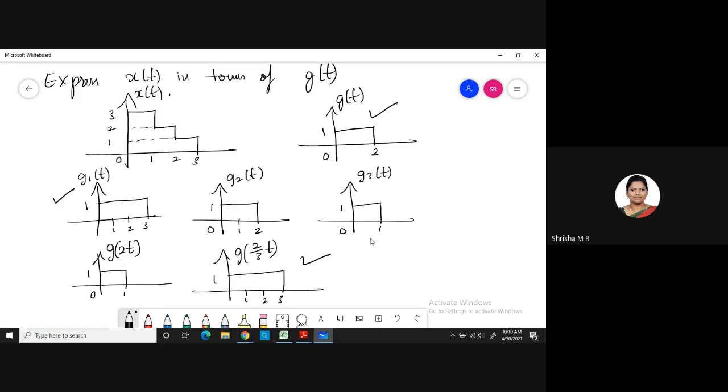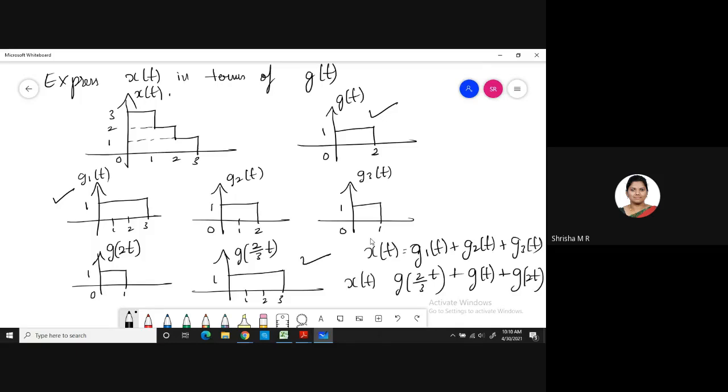So we'll write x of t in terms of g of t. It is equal to g1 of t plus g2 of t plus g3 of t. So g1 of t we have got. What is that? g of 2 by 3t, and g2 of t is g of t only, and g3 of t is g of 2t. Got it, everyone? Understood? Did you follow?